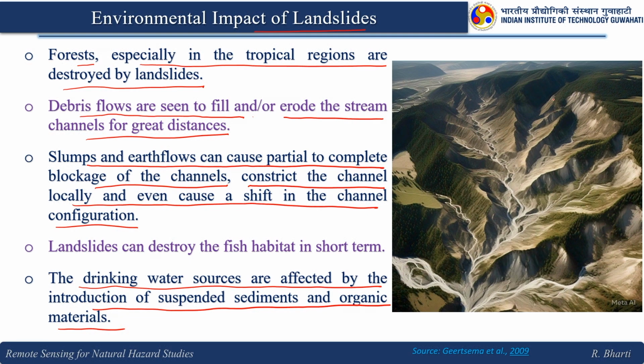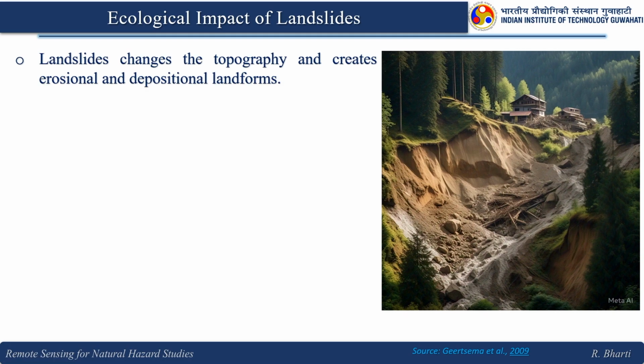So, if there is a landslide here and people downstream are mainly using this surface water, right, there will be more suspended sediment and organic material in this surface water, and that will affect the health of the people, right.